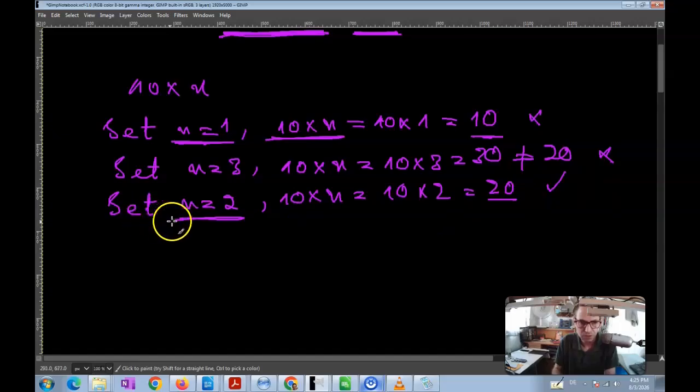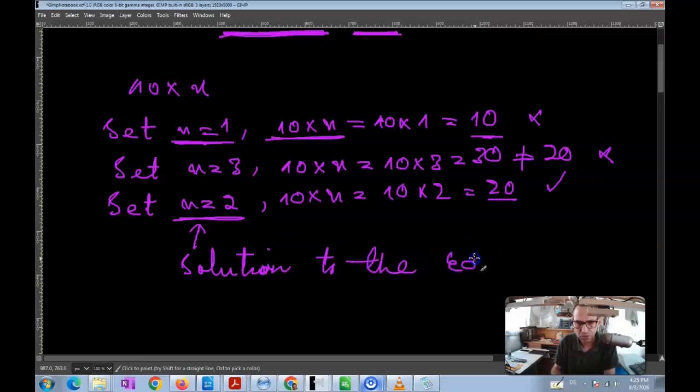So then x is equal to 2 is the solution to the equation. And you have to keep trying different values until you get to the solution of the equation.